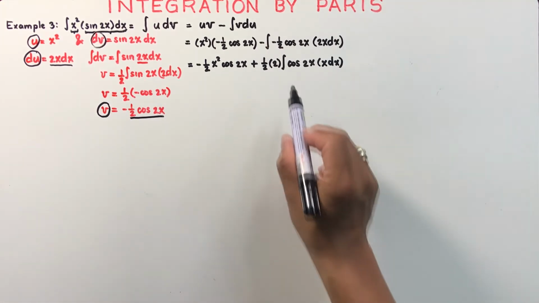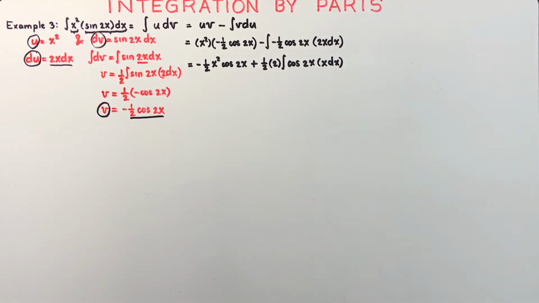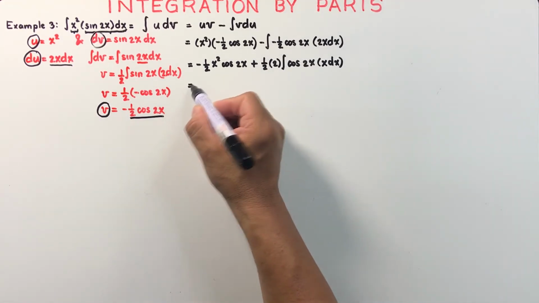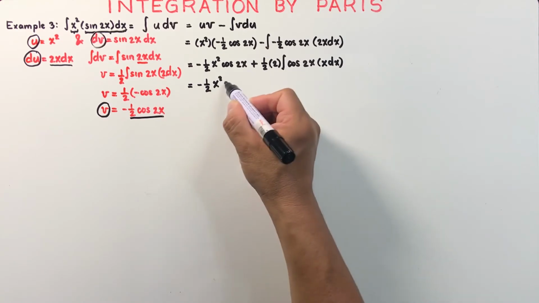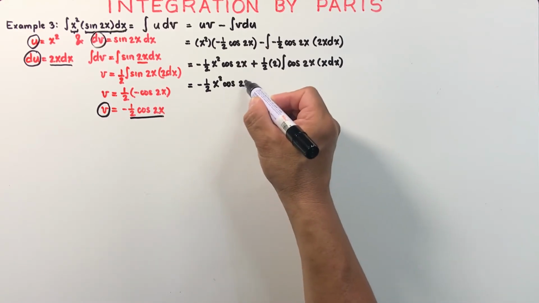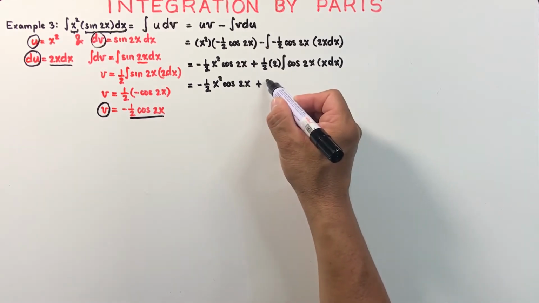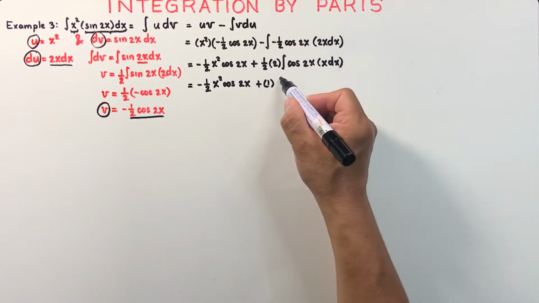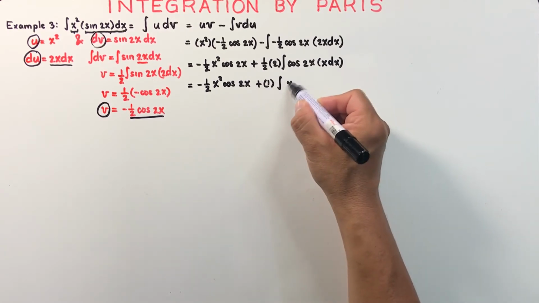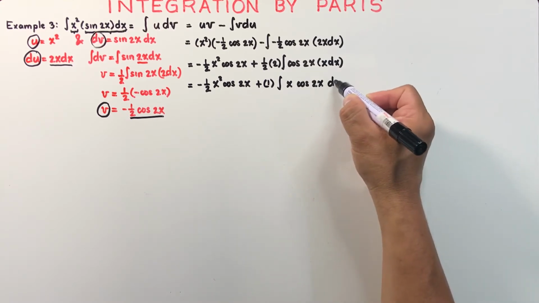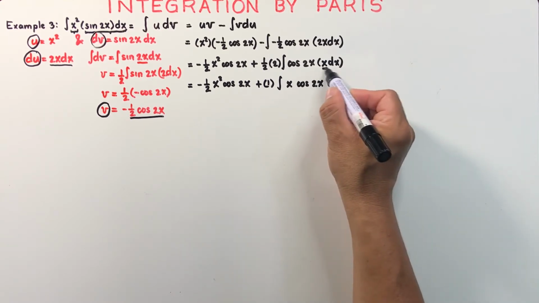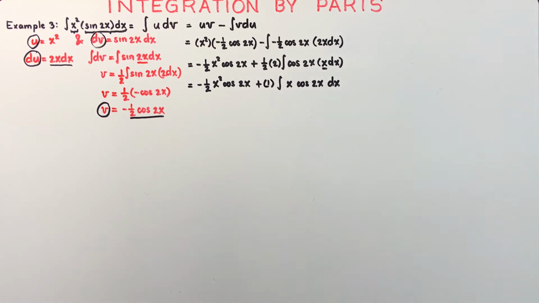Now, to integrate it further, we apply again another integration by parts by rewriting this answer as negative 1/2 of x squared times cosine 2x plus 2 over 2, which is 1, times the integral of x cosine 2x dx by writing this x in front of cosine 2x.